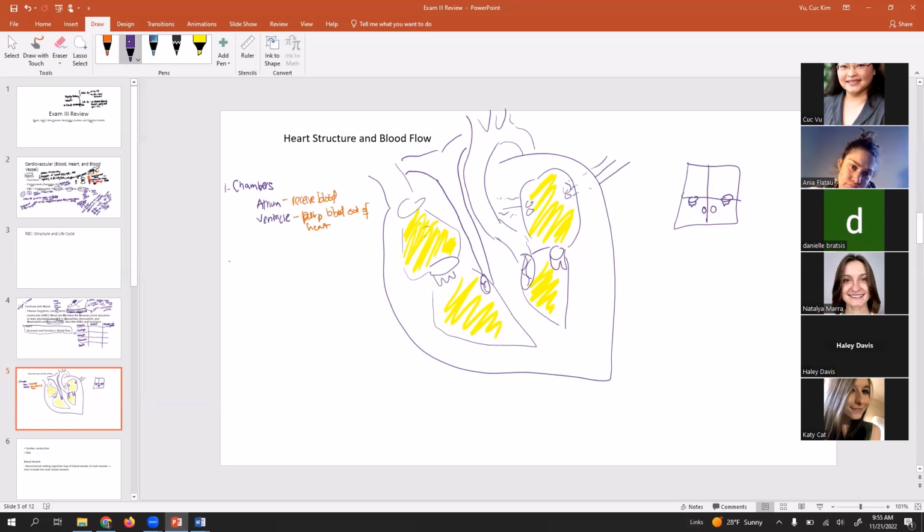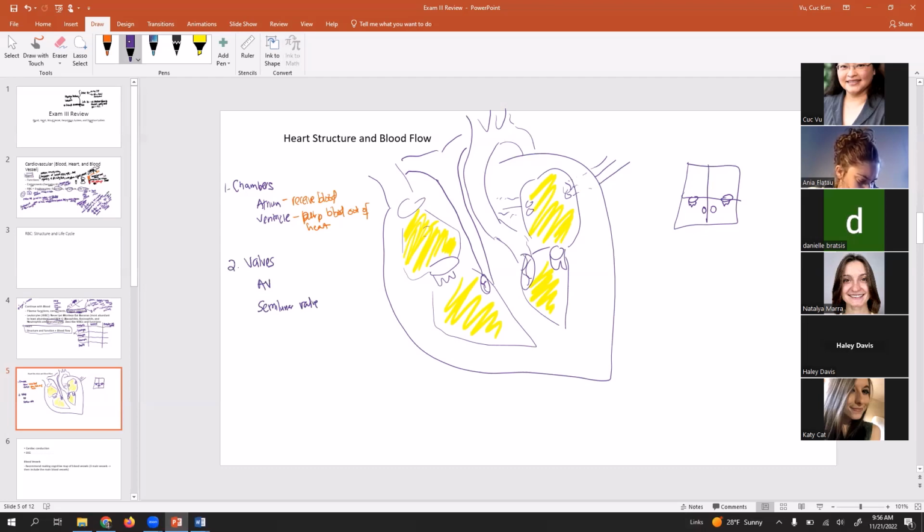The next thing, let's do the valves. There are two types of valves. What are the two types of valves? You've got the AV valves and the semilunar valves. It's easy to distinguish them based on just their names.